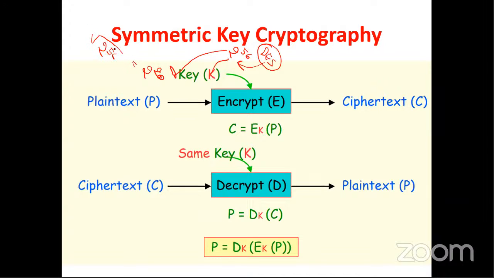If we do this exhaustive trial attack on a classical computer, then whatever the key space or the possible number of keys, we have to try exhaustively one by one. On a classical computer, 2 to power 56 keys on average you have to try.